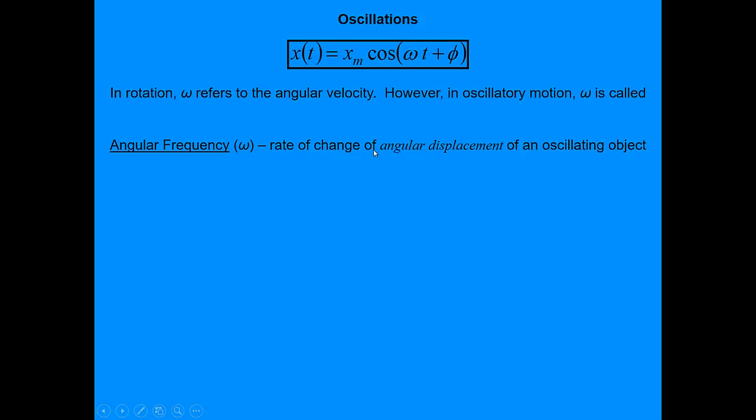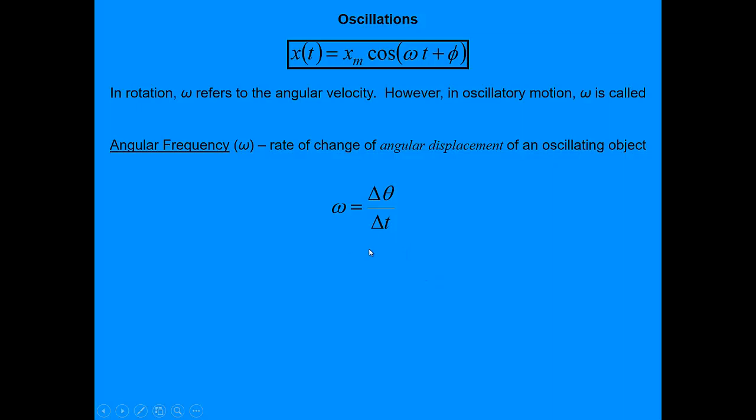So here's the definition of angular frequency. It's the rate of change of angular displacement of an oscillating object. Remember, frequency is how many oscillations every second. So this is a similar idea, but it's how much the angular displacement changes every second. So angular frequency can be written as delta theta over delta t, angular displacement over time.